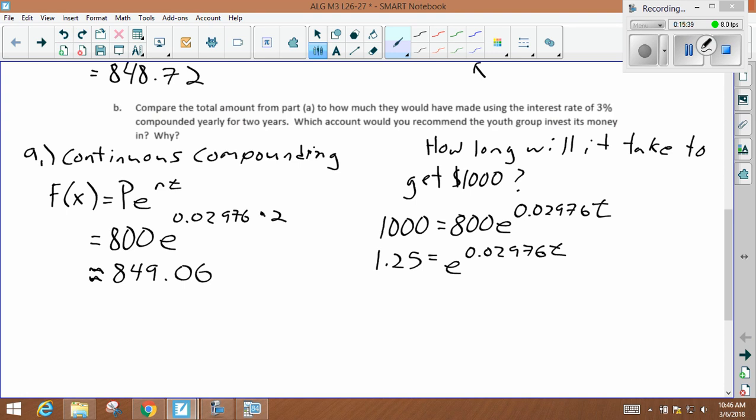Sorry, I didn't write that down. I divided both sides by 800. All right. Now I've got an exponential equation. I'm going to have to solve for t. How do I get t out of there? With logarithms.